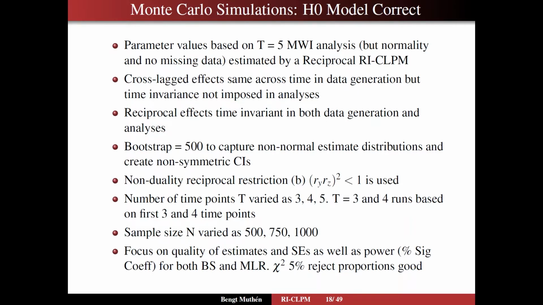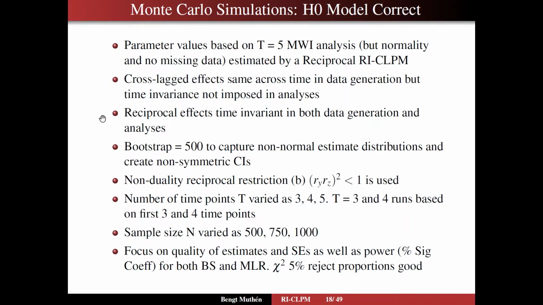I'm going to generate normal data with no missing data, which is different from the real data analysis. And I'm going to estimate it by our reciprocal RI-CLPM, so random intercept, cross-lagged effects, and reciprocal effects. The cross-lagged effects are going to be the same in the data generation, but the time invariance is not imposed in the analysis.